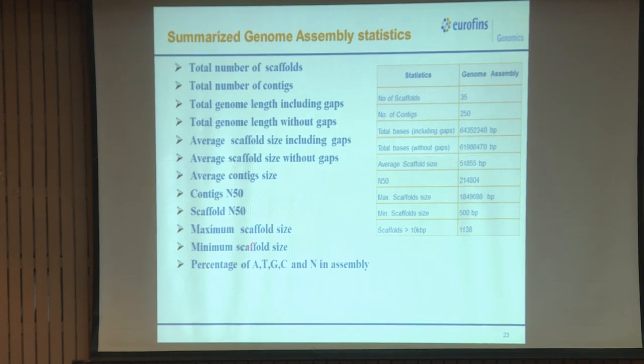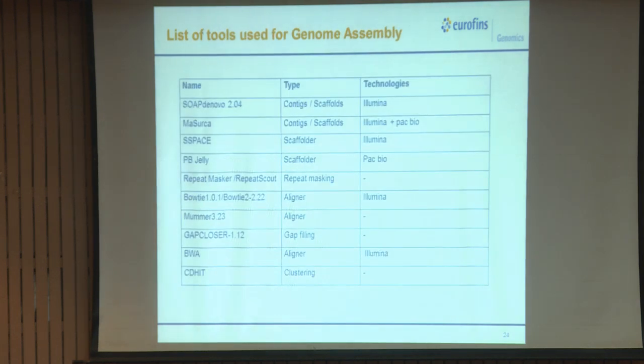Then the maximum scaffold size, minimum scaffold size, and the percentages of ATGC and N. These are the parameters which are checked to say whether the genome assembly is proper or not. So, we check all these criteria, and in any publication on a genome assembly, you will find these criteria written in the paper, because these are very important criteria to be seen.